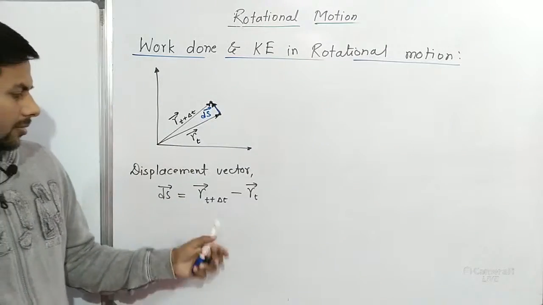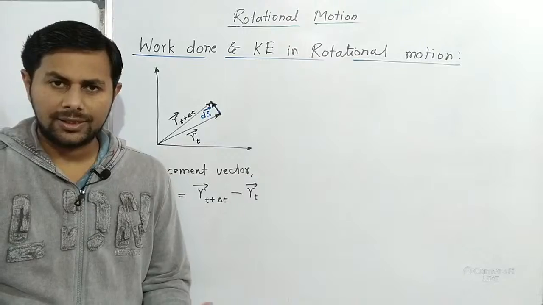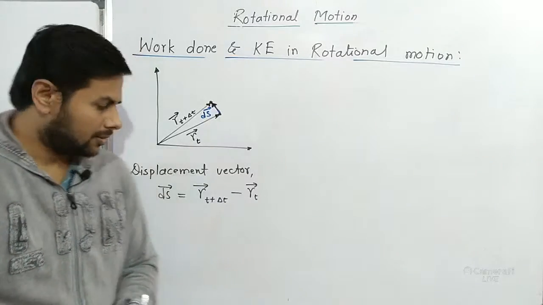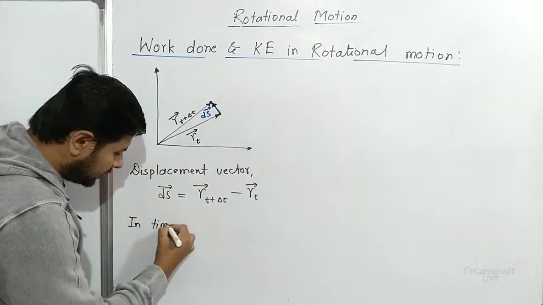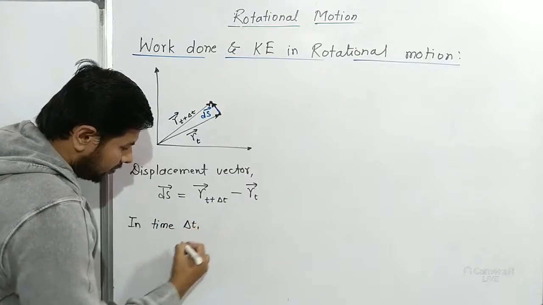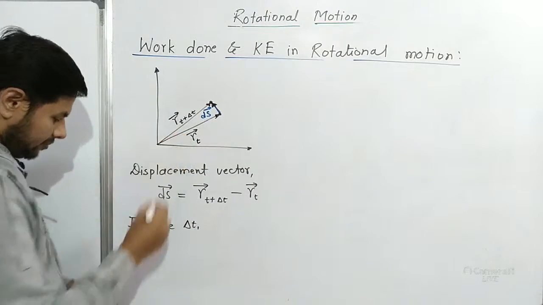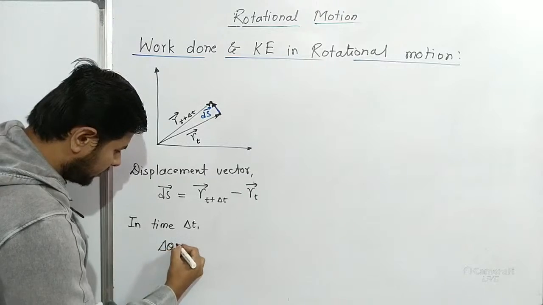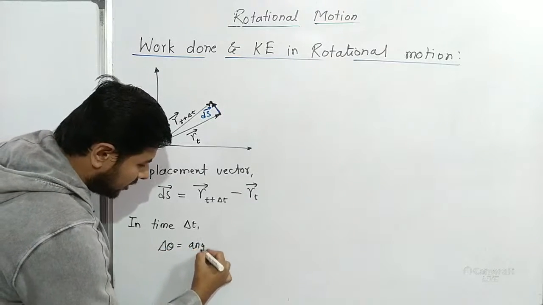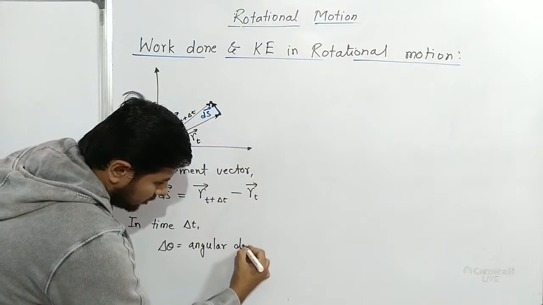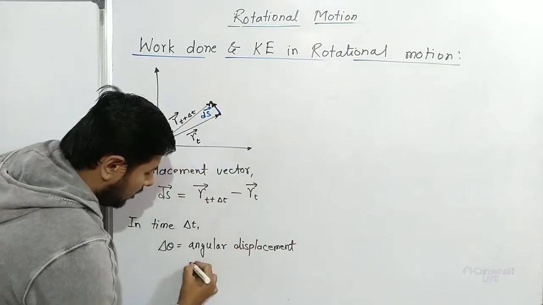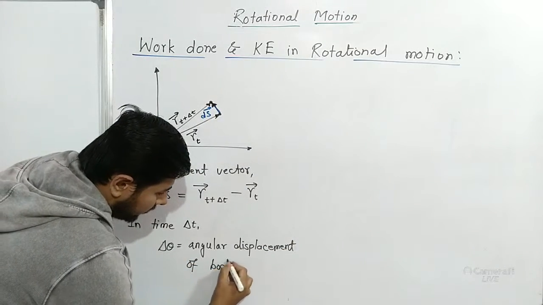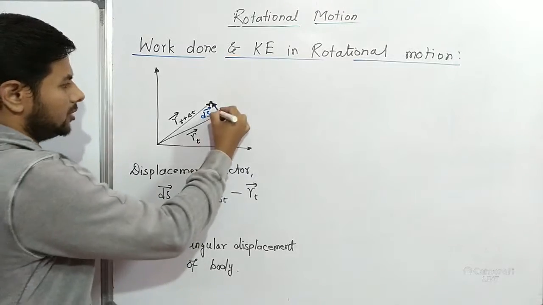And in this time, from t to t plus delta t, the time interval is delta t. So in time delta t, suppose delta theta is the angular displacement of the body, or this particle.